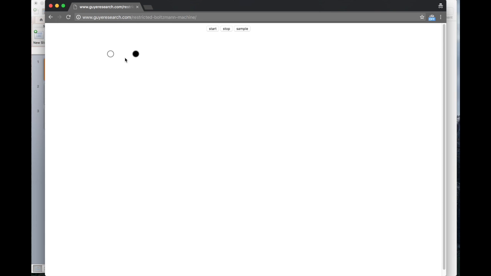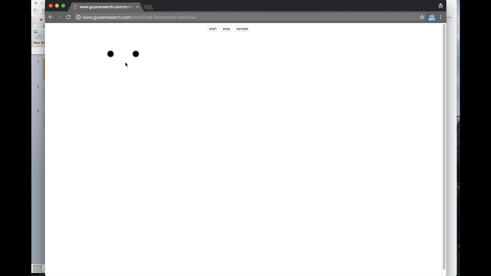So on this web page, you can find two stochastic units, two neurons. Here, they are not stochastic yet. The white represents the neuron being off and has a value of 0, and the black represents it being on and has a value of 1. When I click start, they begin to randomly switch between on and off.